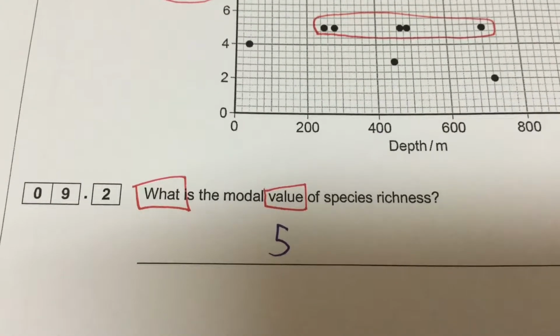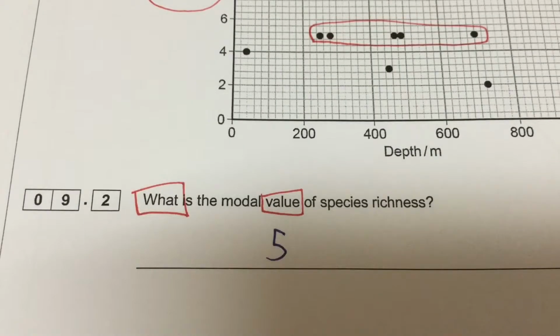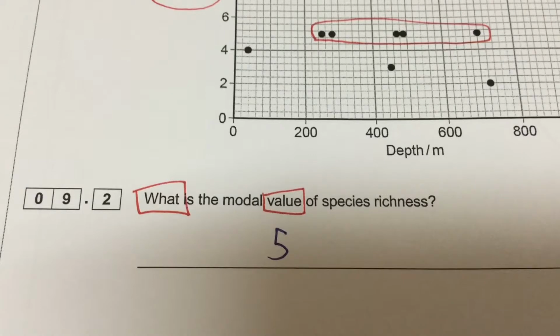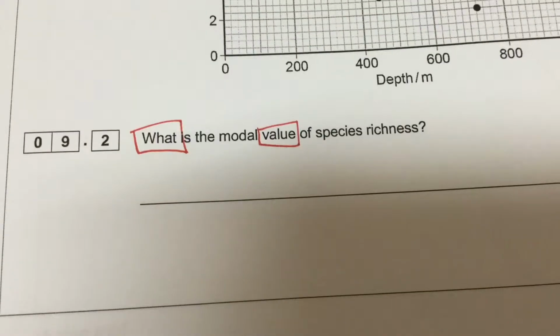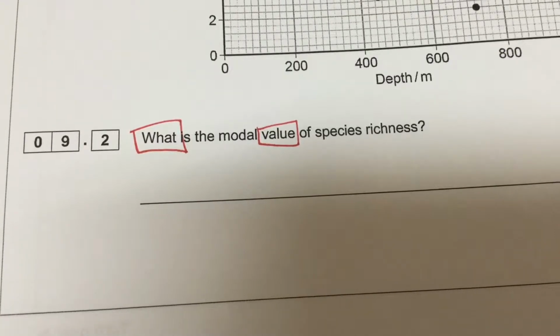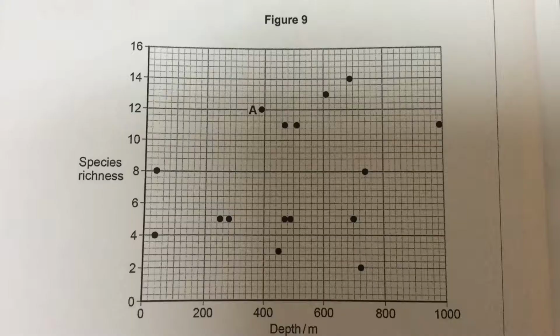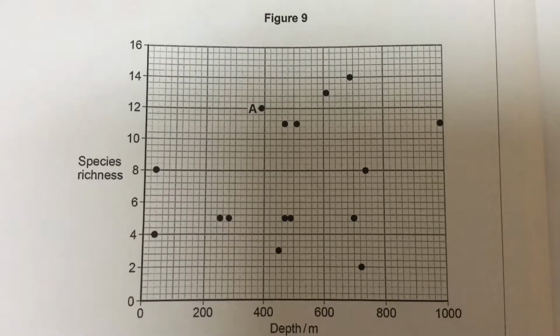Also, if we look at the question above, it talks about define the following terms, so we know we're not looking for a definition. We are looking for the mode, the most commonly occurring value for species richness. And if you see on the graph there, it's 5. There are 5 samples with a species richness of 5. That is all that they want us to write in there for the answer.